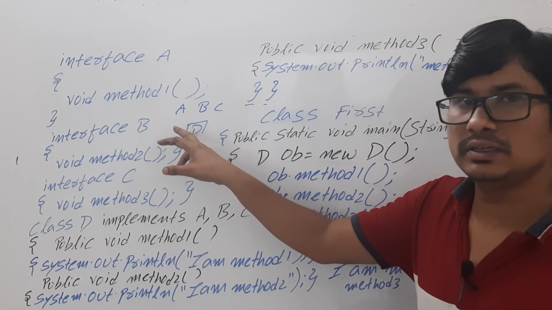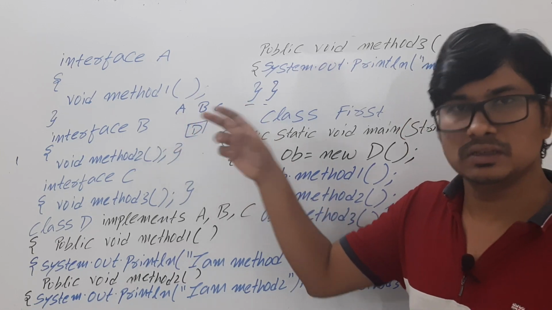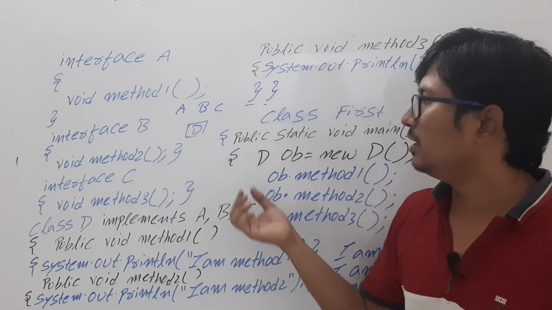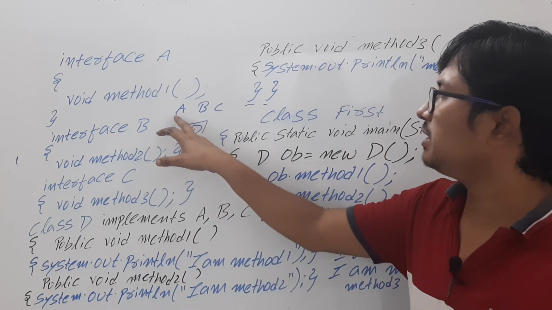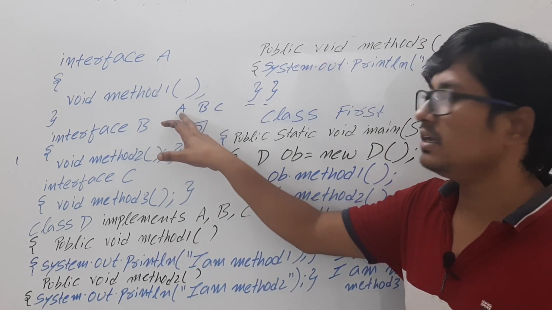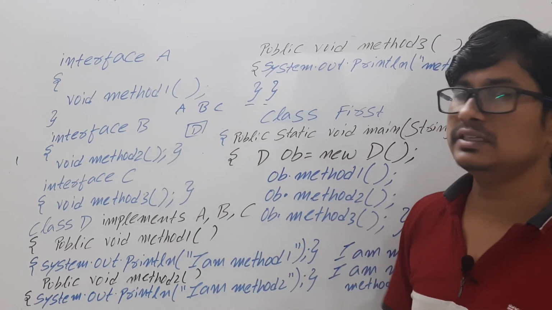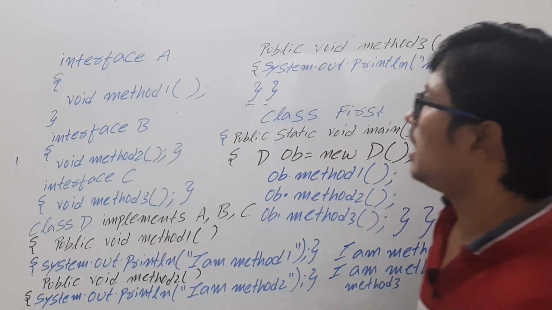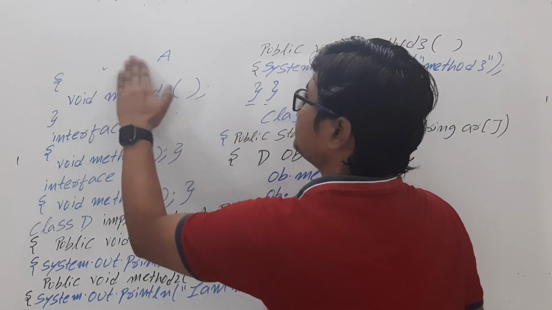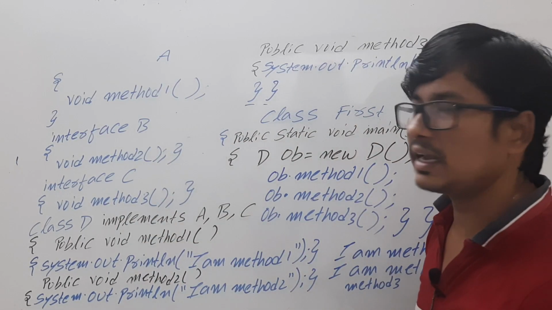And I told you that among these multiple interfaces, one can be a class. What I will do is make this A a class, and B and C are still interfaces. So I will make this one a class.